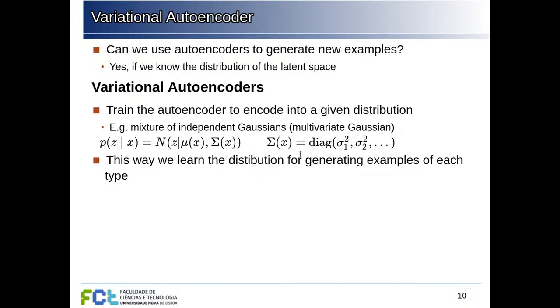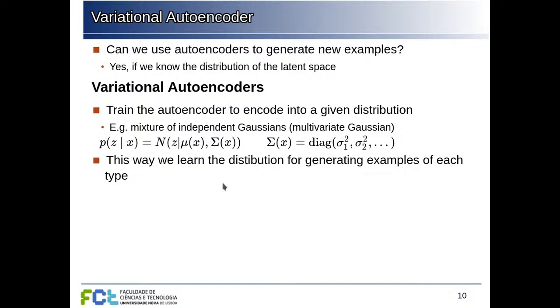For example, we can create the variational autoencoder so that the encoder part, when we present an example, gives us the mean and the variance of Gaussian distributions. For example, if we have a multidimensional encoding, then this could be a multivariate Gaussian.